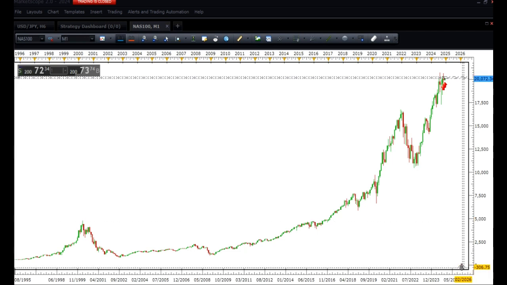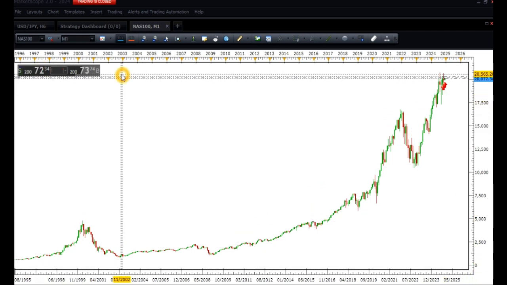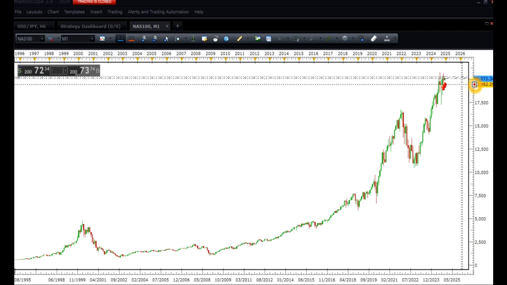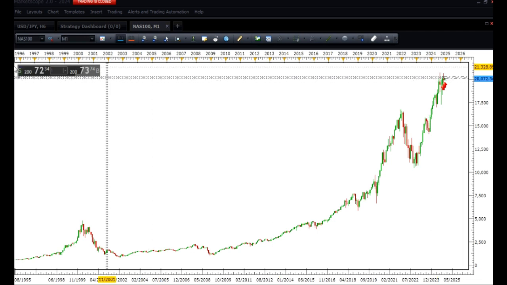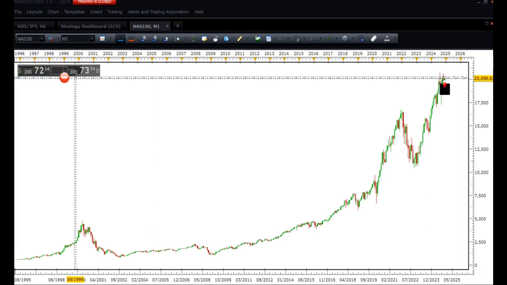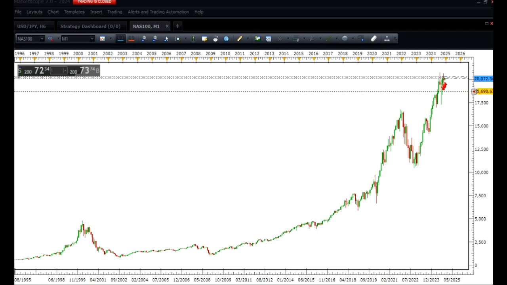For example, if I'm trading this NASDAQ and my entry price is 20,072, I would divide that by my account size, and whatever number I get is what I'll be trading per point.